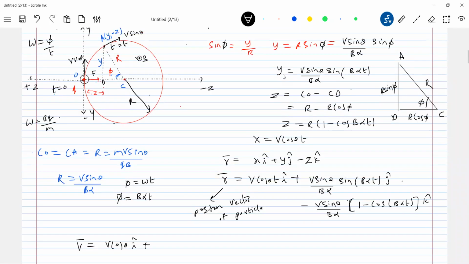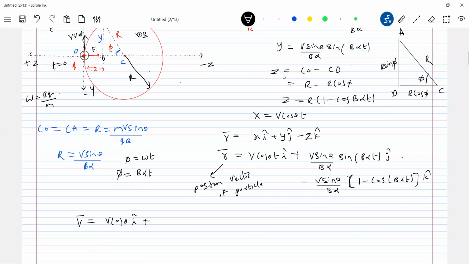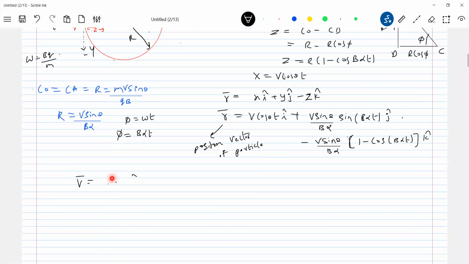Along the yz plane, how do you write it? V sin theta cos phi. I think I have to give one small diagram. There's a charged particle. Here is what it will have: v sin theta.